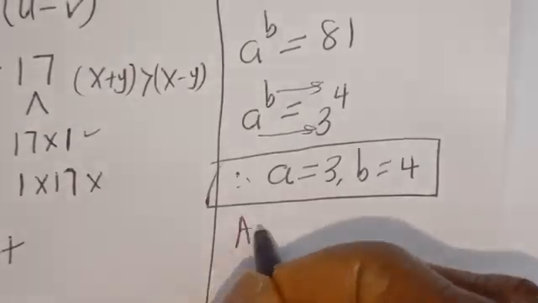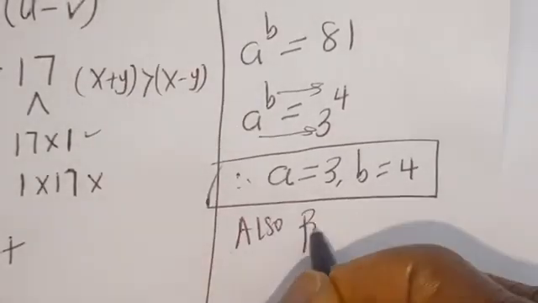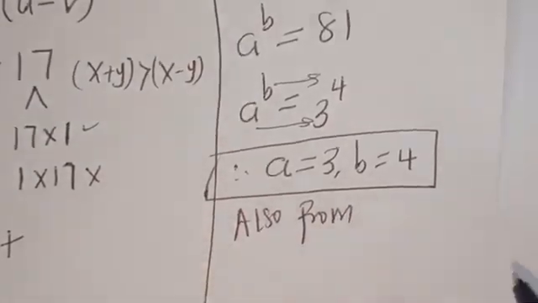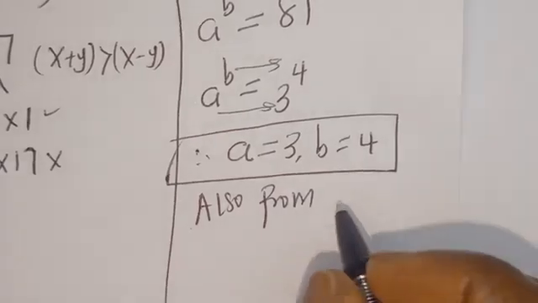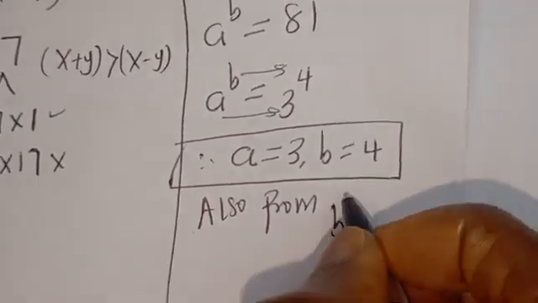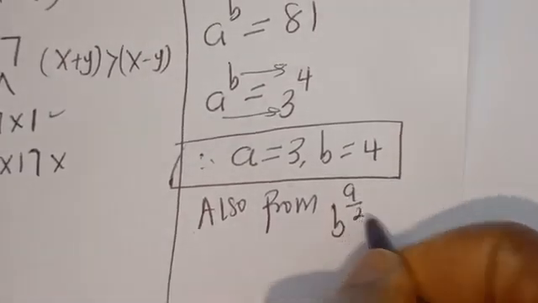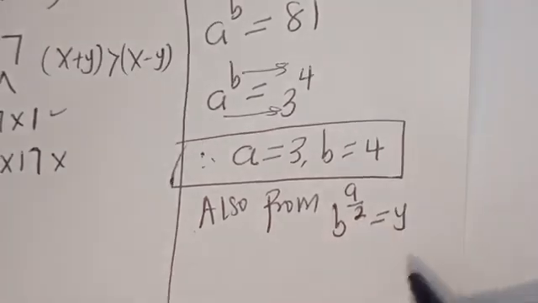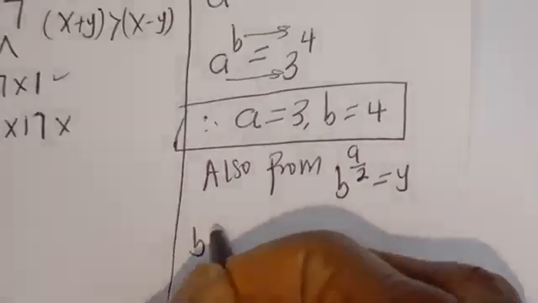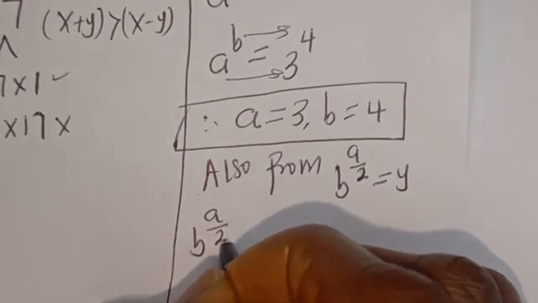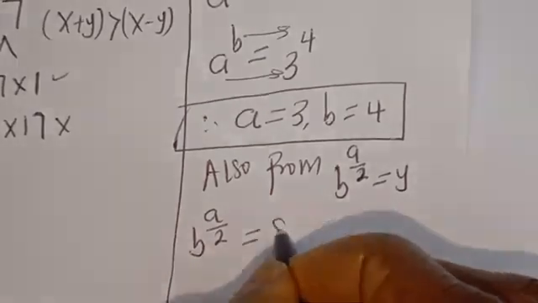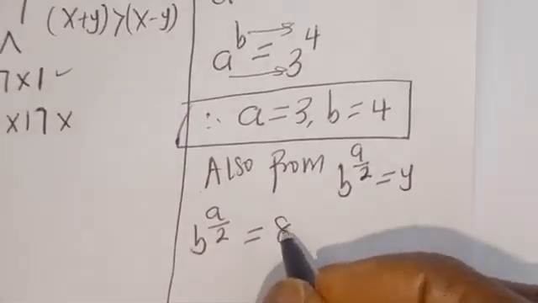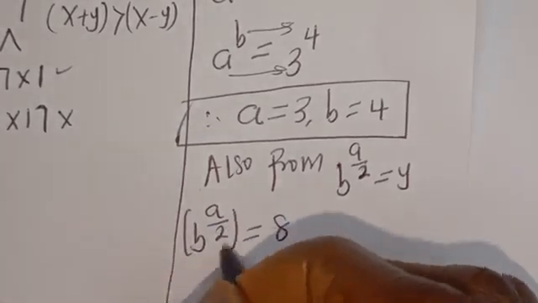Also, from b to the power of a over 2 is equal to y, which is 8, let's square both sides of this equation.